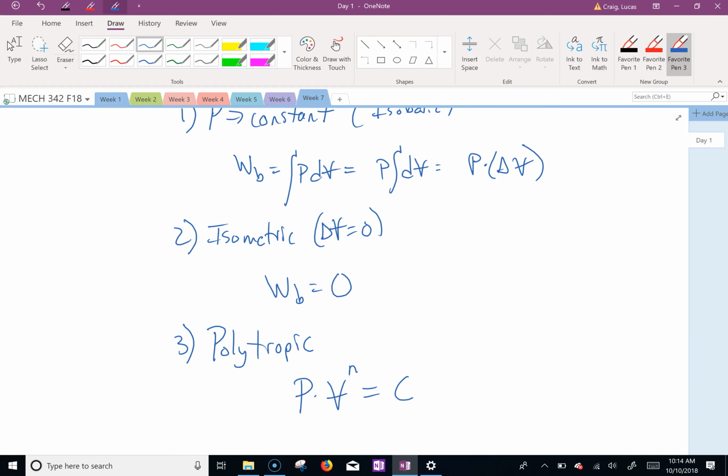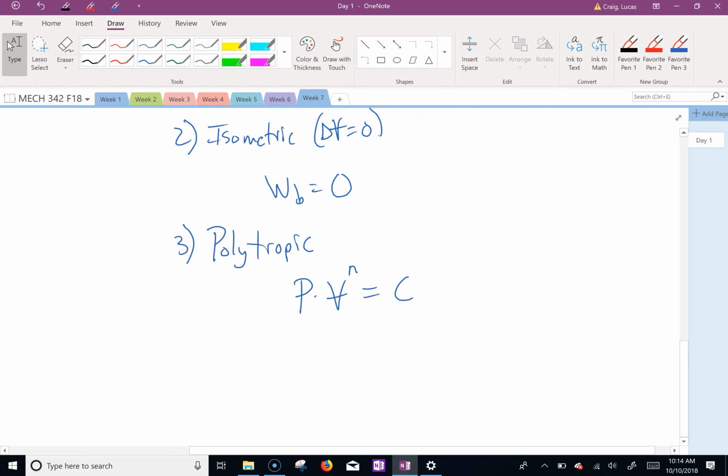And this n is called the polytropic exponent. So polytropic is like the next case to help you identify where it's not perfect. We have perfect ideal cases, we have real life, and we're kind of in the middle with these cases.